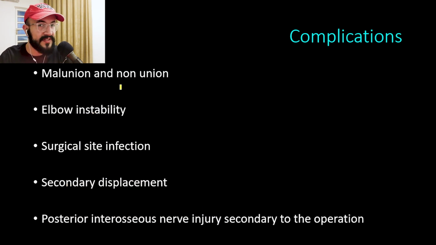Other complications include malunion and non-union, elbow instability, surgical site infection, and secondary displacement. After non-operative or operative treatment, there might be secondary displacement as a complication. Another complication is posterior interosseous nerve injury secondary to the operation.